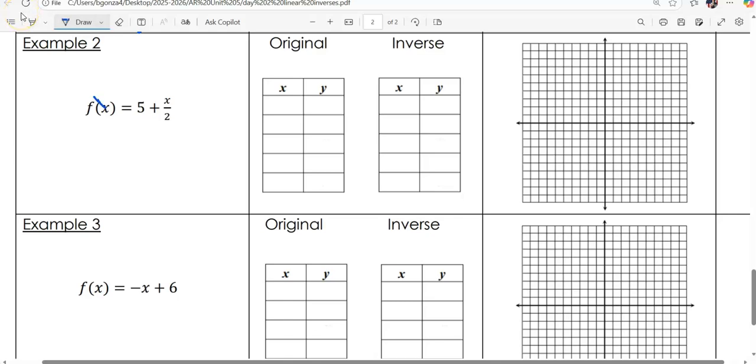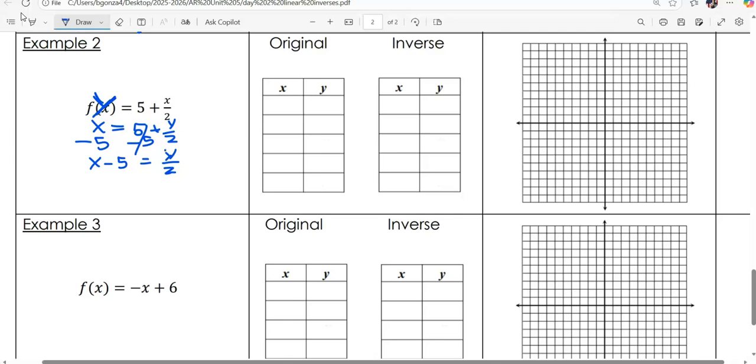Remember your steps. This is a y. The f of x is a y, right? And then you switch x and y. Get rid of that loner 5 by subtracting it. When you get to it, how do you get rid of a divided by 2?